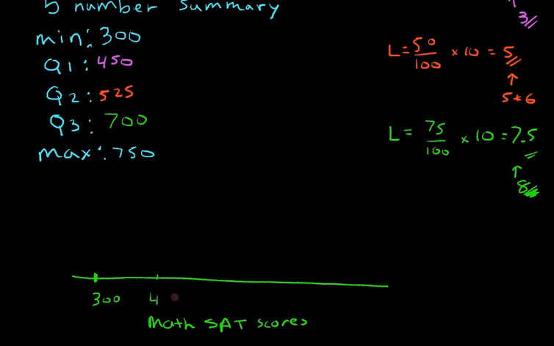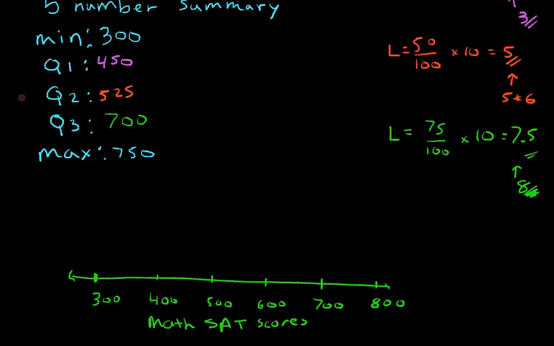So 300, 400, 500, 600, 700, 800. I guess I need to go to 800. When you're doing your dash marks, there should be even intervals between your dashes on your x-axis, right?